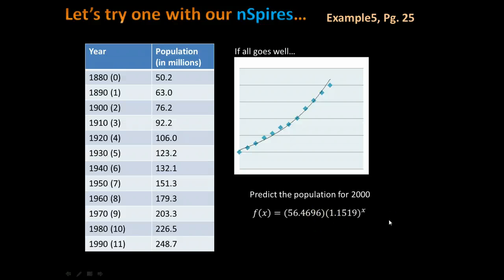Our x would be the 12th, because remember we were up to 11. After 1990, because we're going by decades, 2000 would be next, so our exponent is going to be the 12th. So f of 12 gives us 308.2 as our estimated population in millions for the year 2000.